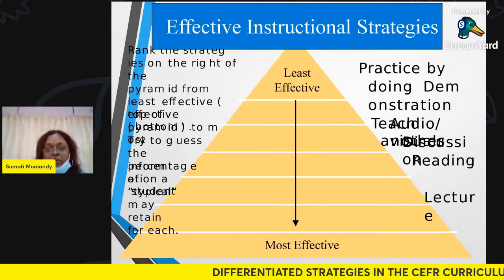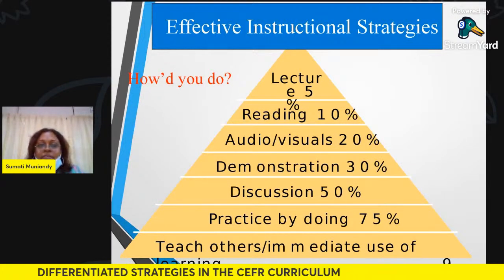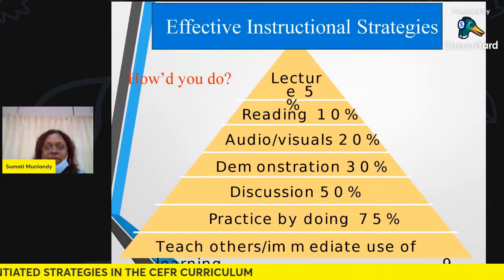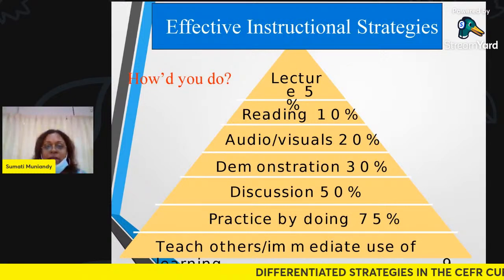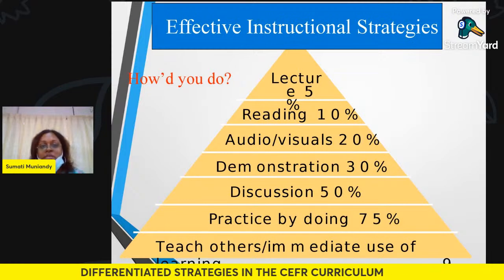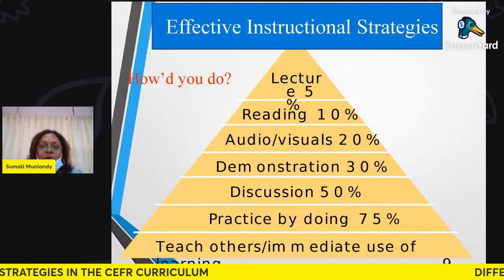Okay, let's look at this. Lecture is the least effective. Then reading, audiovisual, demonstration, discussion, practice by doing, and the most effective is teach others. That means role play, group work, all that.